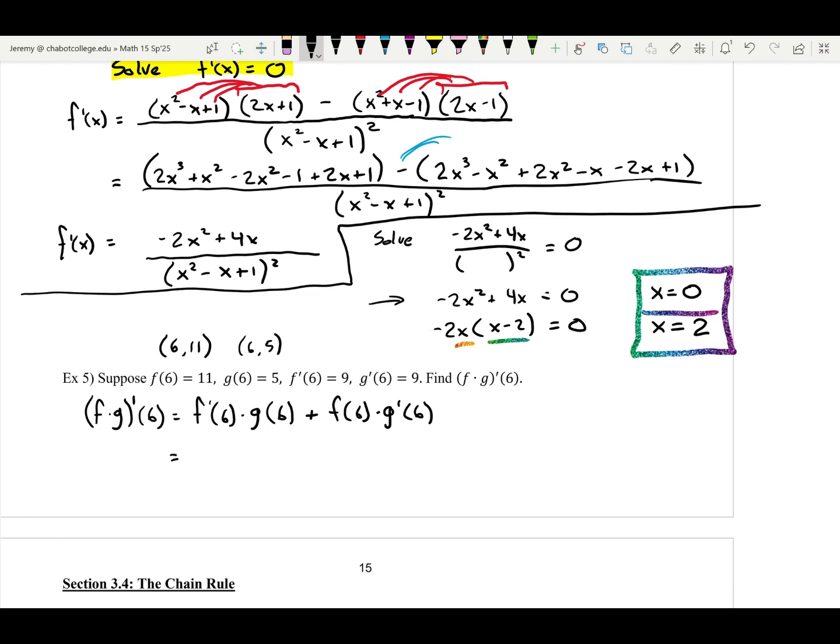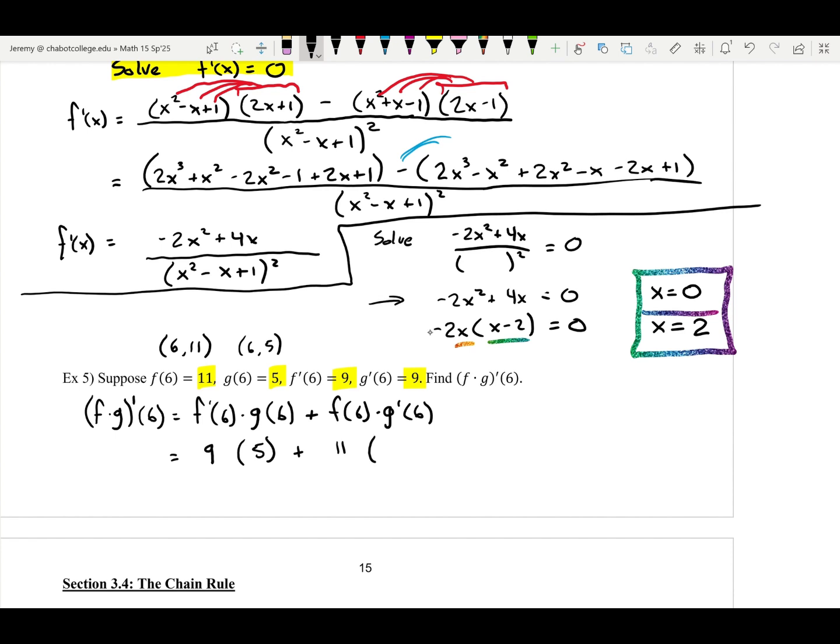And I conveniently have values for each of these, right? I know that f prime, I'll just highlight all the relevant things. F prime of 6 is equal to 9. G of 6 is equal to 5. F of 6 is 11.